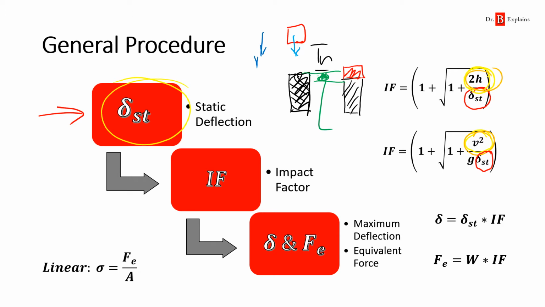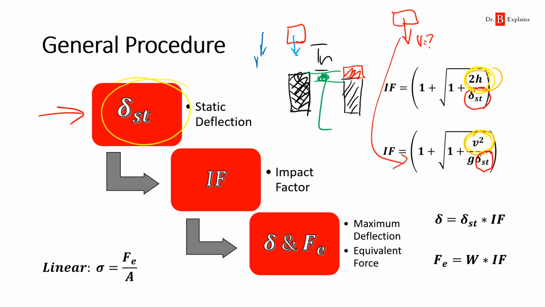So we have that one. The next question is, which of the two equations do we use? Well, the question we want to ask ourselves is, what information do we know? What is happening? Do we have the case where a mass or an object is traveling with a known velocity? If so, we use the second equation.